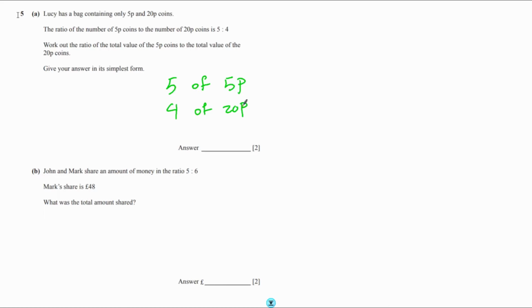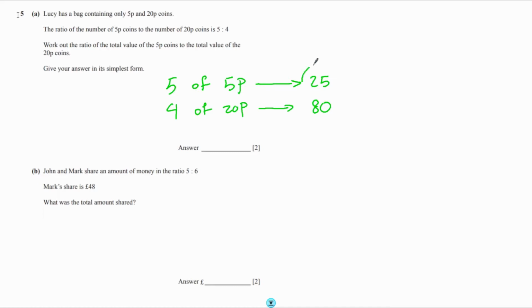Now, how much is 5 of 5p coins worth? So that would be 5 times 5, which is 25. And how much are 4 of 20p coins worth? That's 4 times 20, which is 80. And now it says work out the ratio of total value.